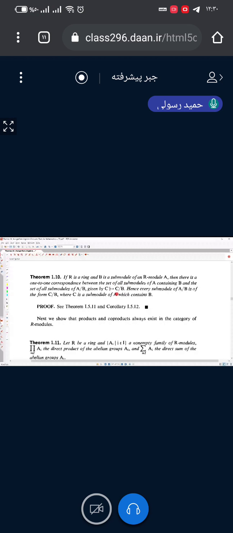And the proof is similar to this theorem and this corollary from chapter 1.